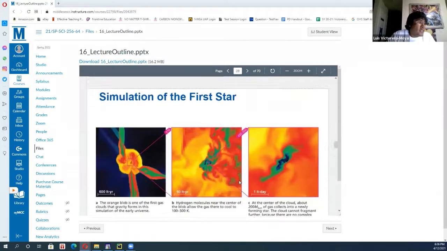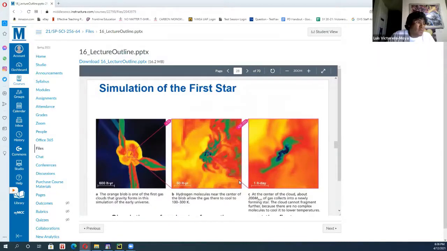These first stars. So by doing simulations, instead of having carbon and oxygen, we just replace them with hydrogen molecules. And what we know is that for a molecular cloud to have enough mass and to be able to contract and start igniting a star, you need to have 100 to 300 kelvins of temperature.